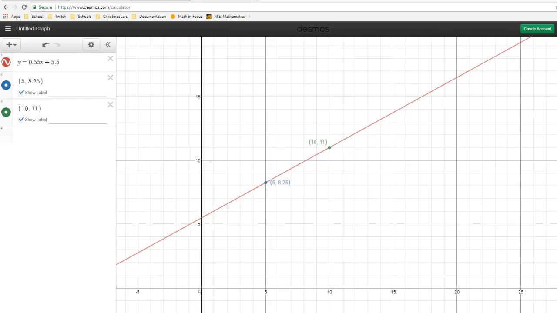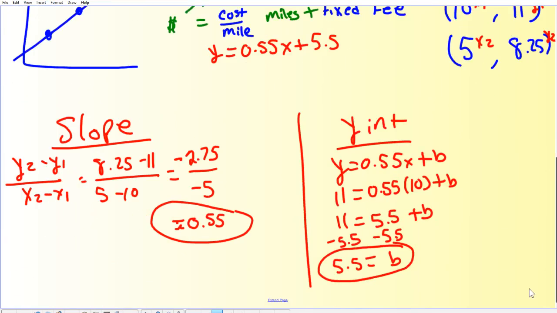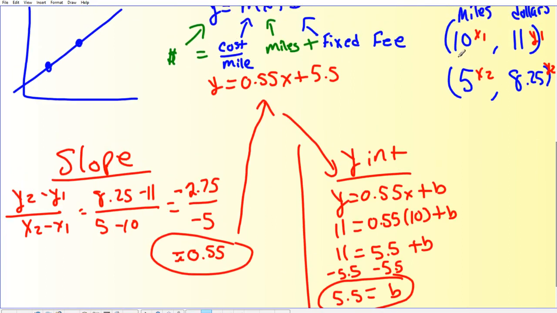Doesn't that look almost exactly like what I just had on Desmos? So we found the slope using our slope formula. Once I knew my slope, I plugged it in. And we found the y-intercept by taking one of our points, I used the top one, and plugging in for x and y. When I solved, I got my equation.